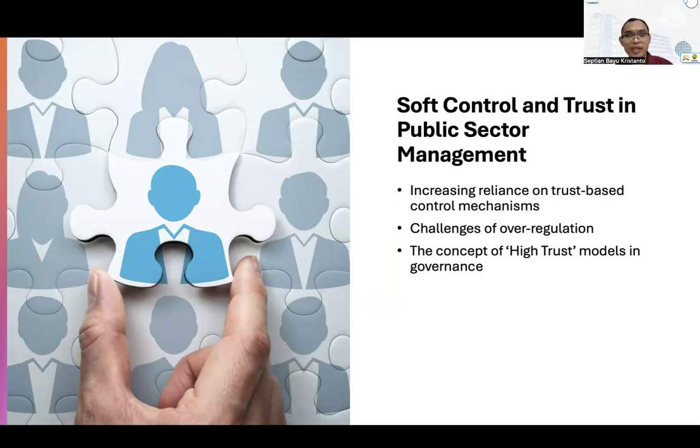And we also need to create the concept of high trust in the models of governance. So even if we make some mistakes in our actions, with high trust, the citizens will still have positive feelings towards the government and the bureaucrats.